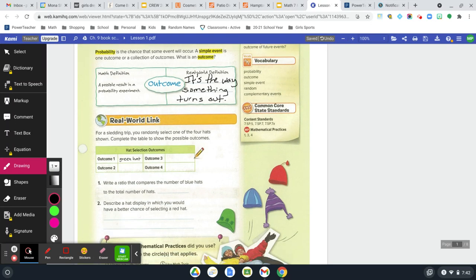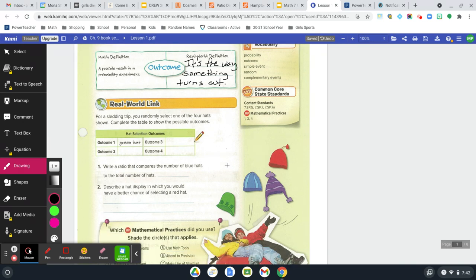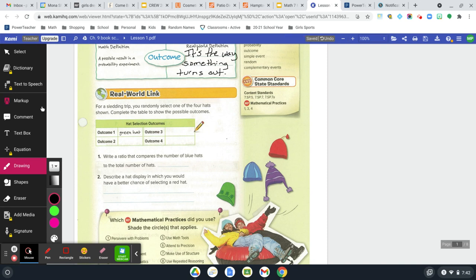All right, let's look below that. For a sledding trip, you randomly select one of 4 hats shown. And so complete the table to show the possible outcomes. So you see on the right-hand side, there are 4 different colored hats. And so outcome number 1, it's very possible you could select a green hat to wear that day. Outcome number 2, you could select a blue hat because there's a blue hat over in that grouping there.